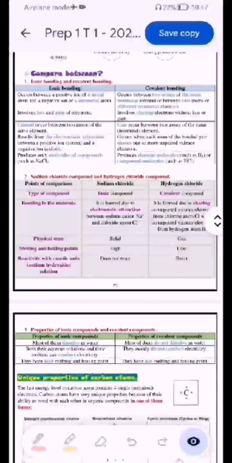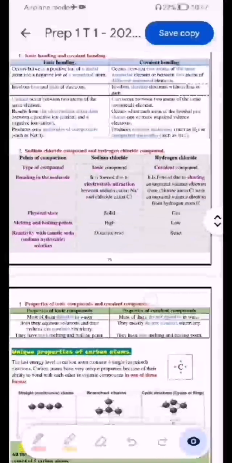Now we will see a comparison between the sodium chloride compound and the hydrogen chloride compound. Sodium chloride: sodium is a metal and chlorine a non-metal, so it is an ionic compound. But hydrogen chloride: hydrogen is a non-metal, chlorine is a non-metal, so it is a covalent compound. Number two, bonding of the molecule. The ionic compound is formed due to electrostatic attraction between the sodium cation and chloride anion.